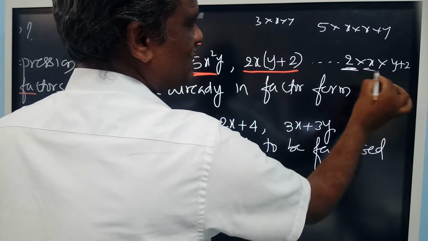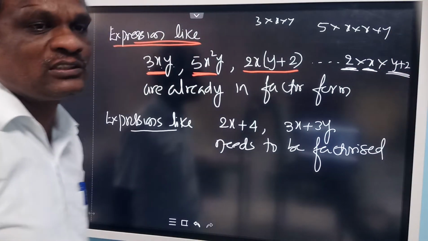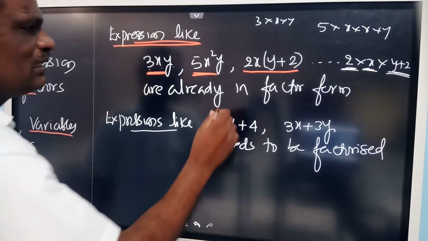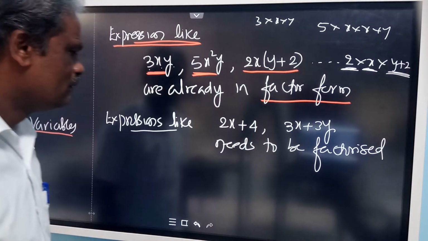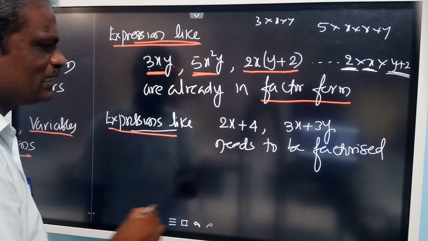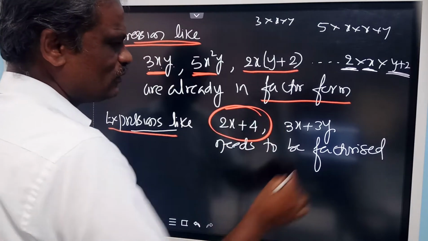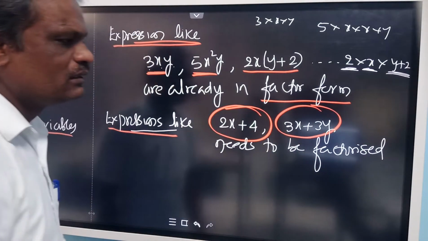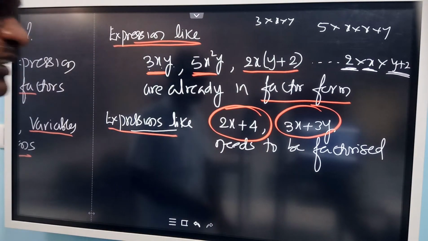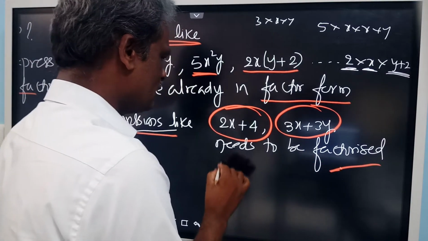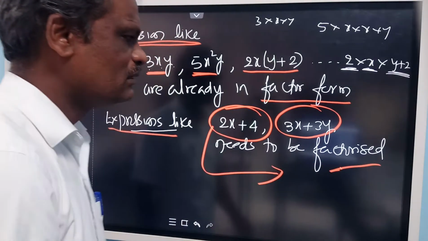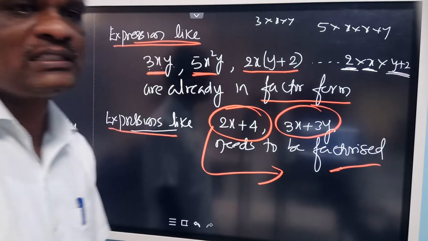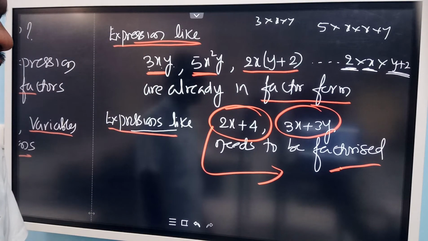So this is one factor, this is another, and the y plus 2 expression is also a factor. So it is already in factor form. But certain expressions, look at this, 2x plus 4, 3x plus 3y, are not in factor form and need to be factorized.